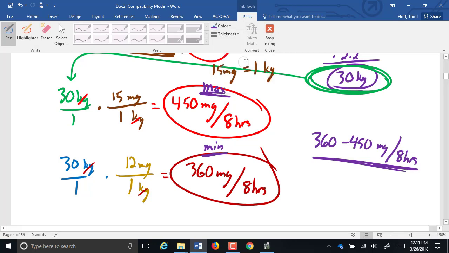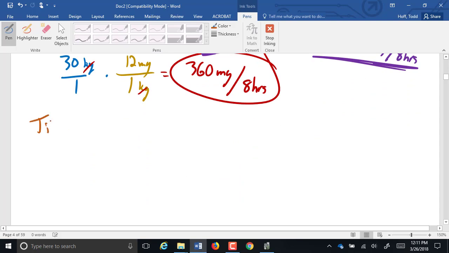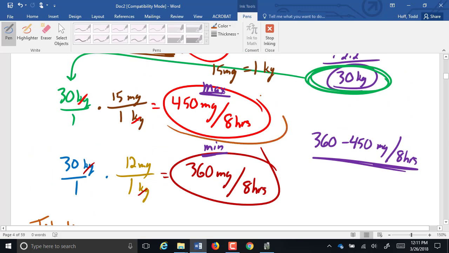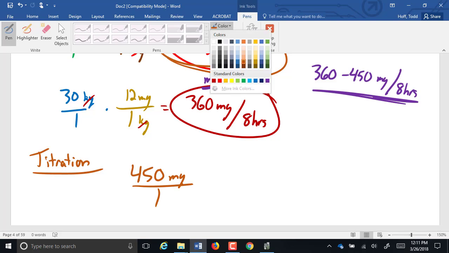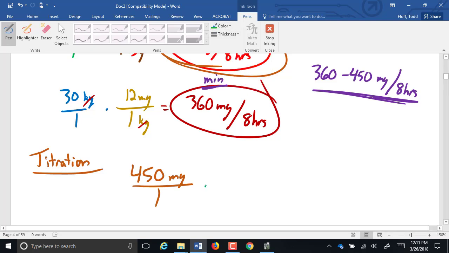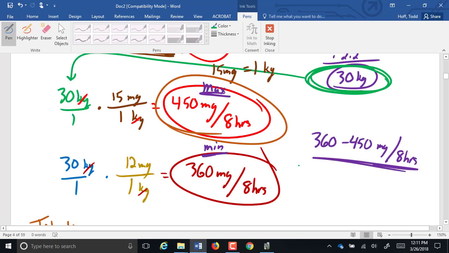Now, the other way we could have found that 360, if this were a longer process especially, would have been to use a titration. Now, titration involves just taking an established amount. In this case, the first one we calculated, that maximum amount of 450 milligrams, putting it over 1, and converting it using a ratio here.